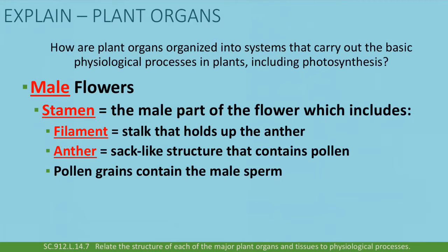As we learned on the last slide, going over pollination and fertilization of plants, your pollen is going to include more than just the sperm. It includes some other types of cells known as tube cell nuclei that you don't need to know about right now. So all we need to focus on is that pollen grains contain the male sperm.